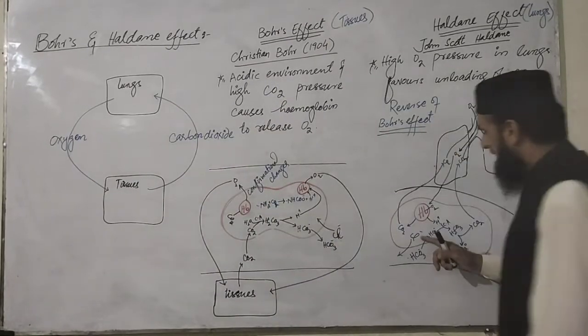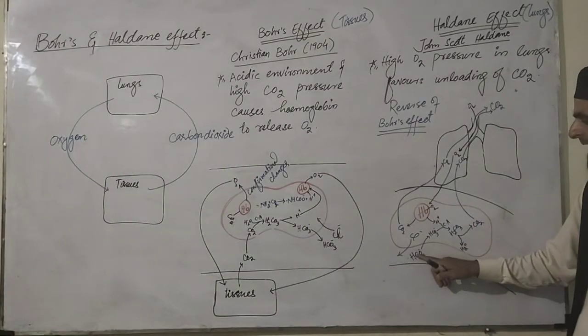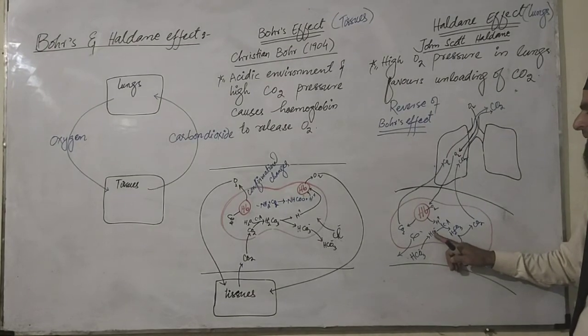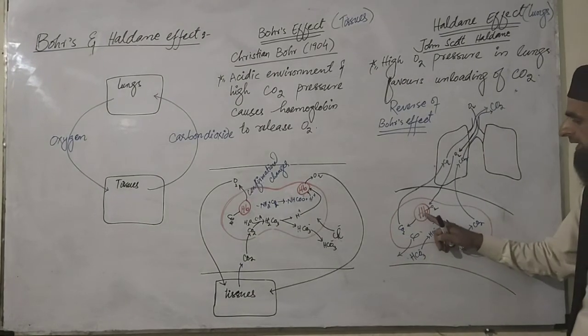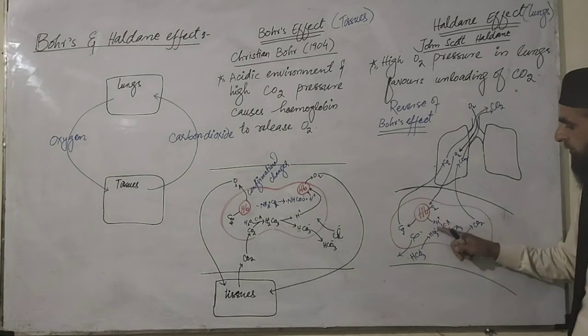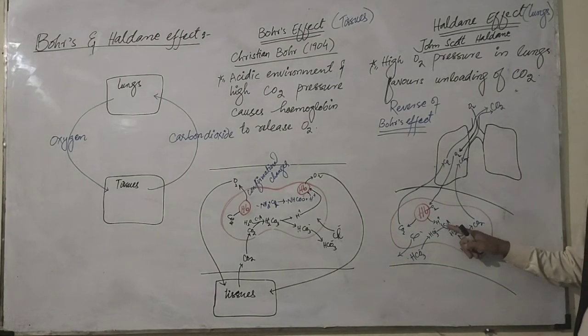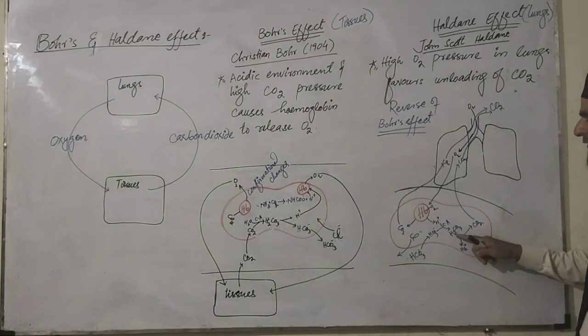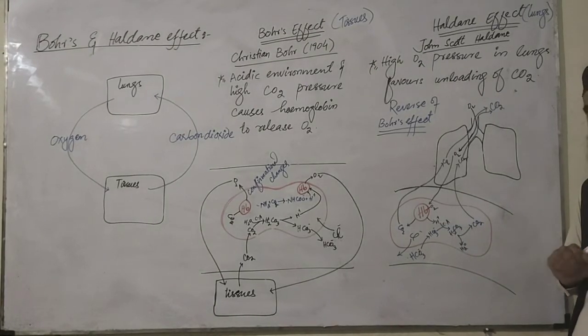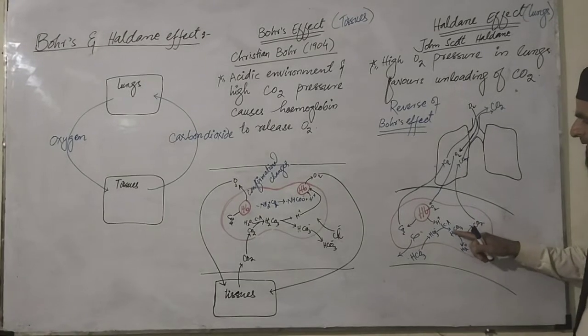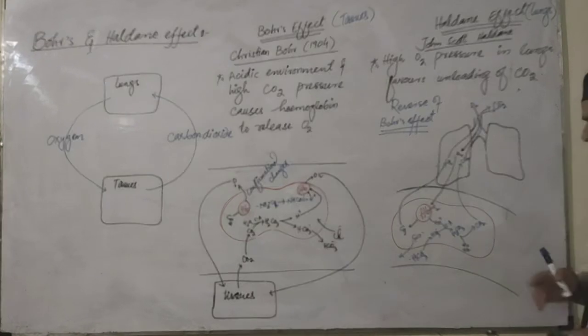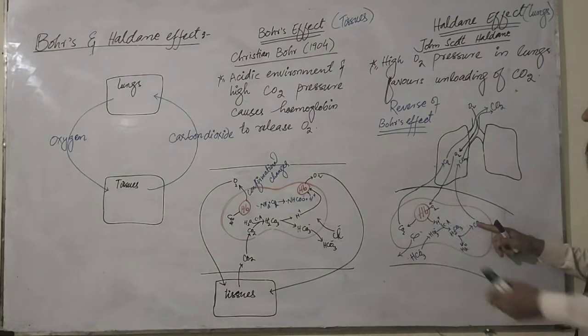So what happens here? This bicarb or bicarbonate which comes into the RBC reacts with the proton released by the hemoglobin. This proton reacts with the bicarbonate in the presence of carbonic anhydrase. It produces H2CO3, carbonic acid again, and that carbonic acid then splits to produce water and carbon dioxide again.